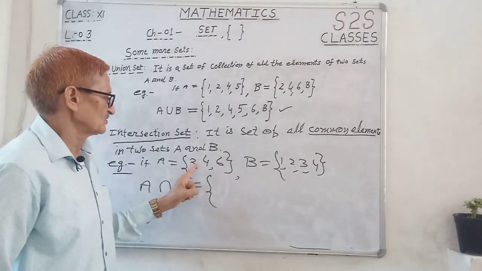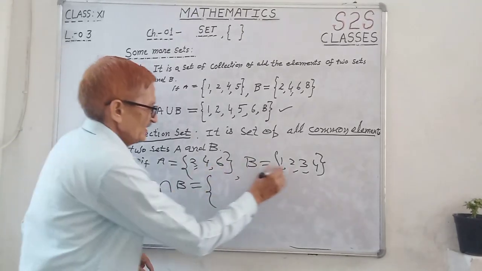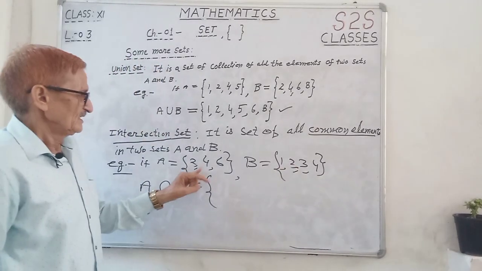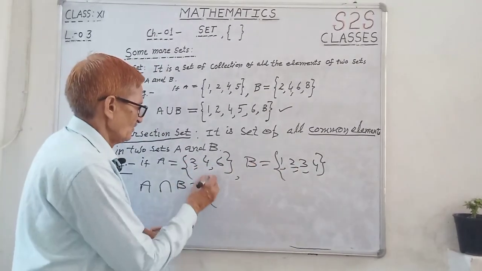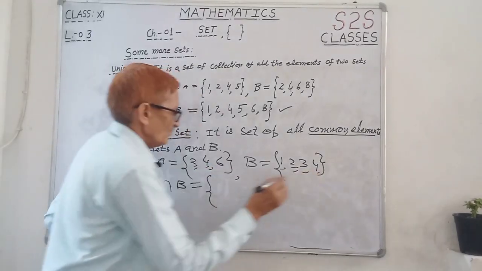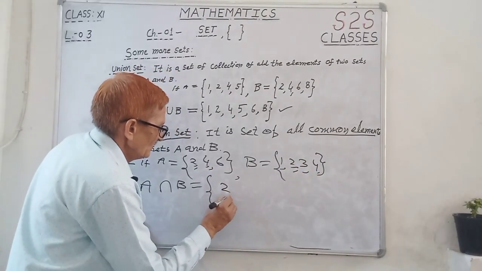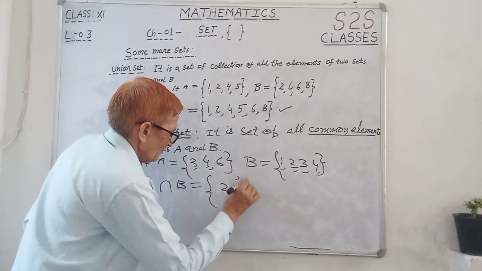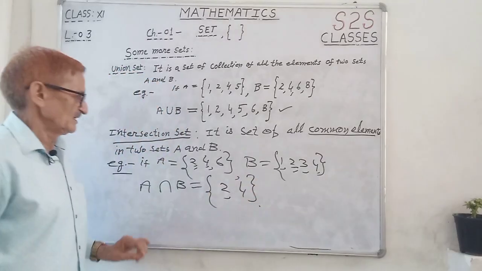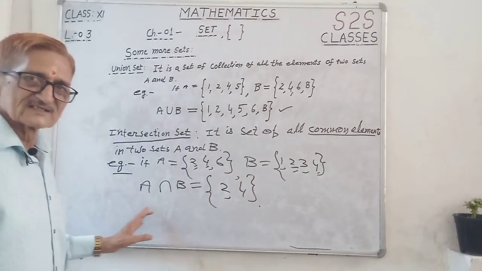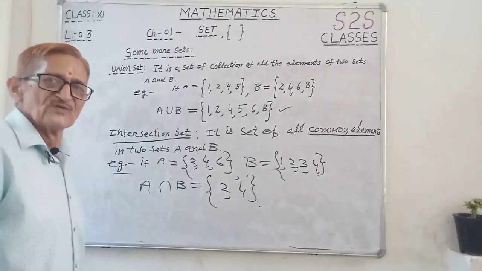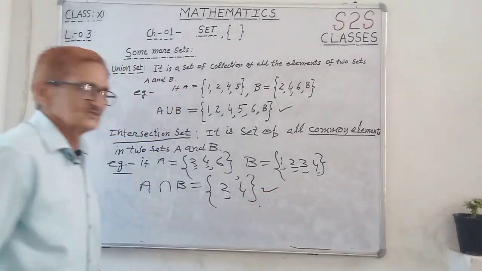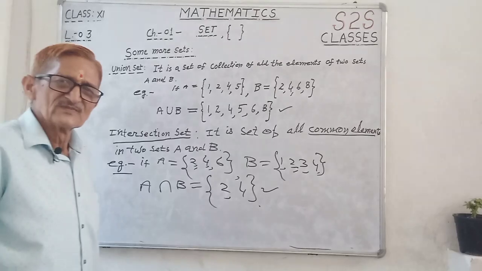Which element in both? 2 here also, and 3 not, 1 not, 4 also common, and 6 not common. Then only 2 and 4 are common element in A and B. So A intersection B is equal to set with 2 element 2, 4. Done. So like this only you have to take simple.